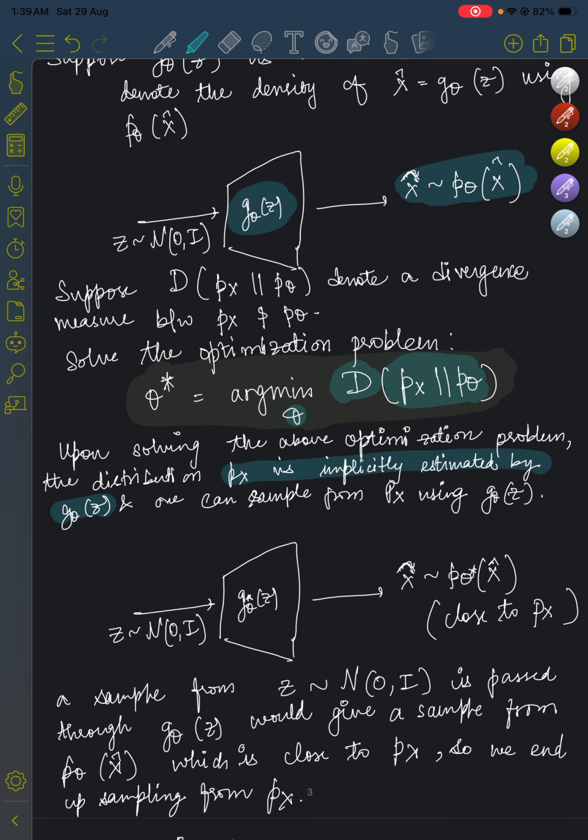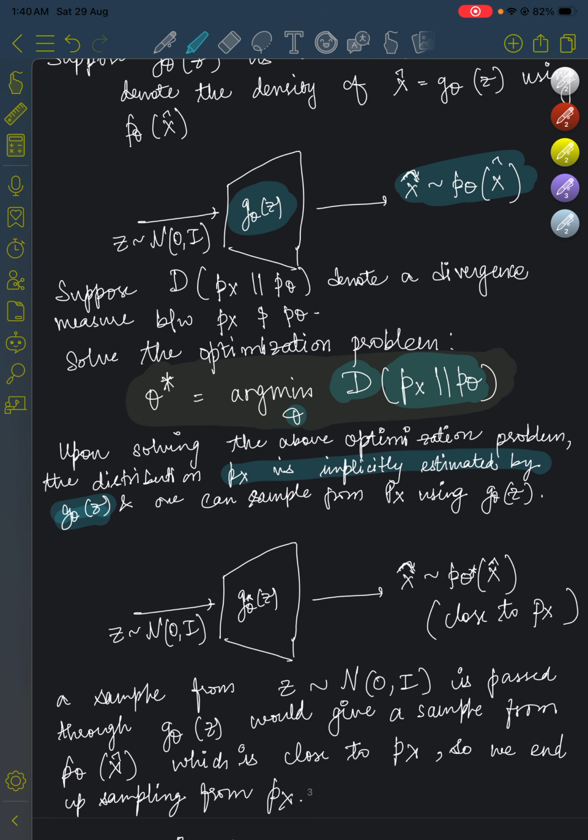p theta. And once we send a sample from the normal distribution through this neural network, we are getting a sample from p theta of x. Since we have made p theta very close to px, the true distribution, px is implicitly being estimated by this neural network, g theta of z.